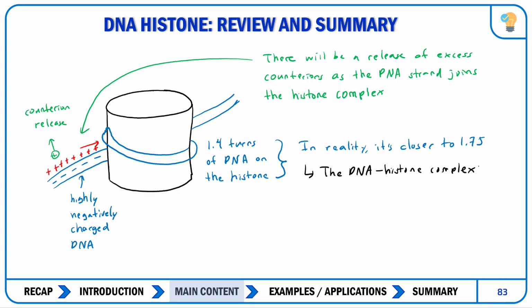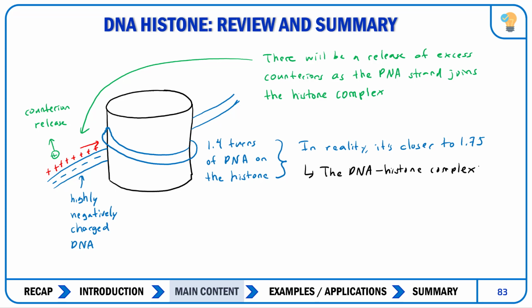If we think about it, if there's more turns of DNA on the histone, your histone still has 220 elementary charges that are positive, and from our calculations, we calculated that 1.4 turns of DNA would offer a counteracting negative 220 elementary charges of magnitude. So if I have 1.75 turns, it means that I have more DNA wrapping around the histone complex, which means that the entire complex would be more negatively charged.